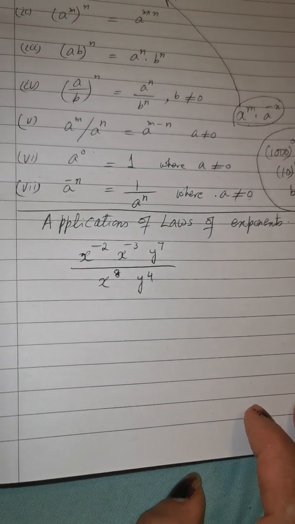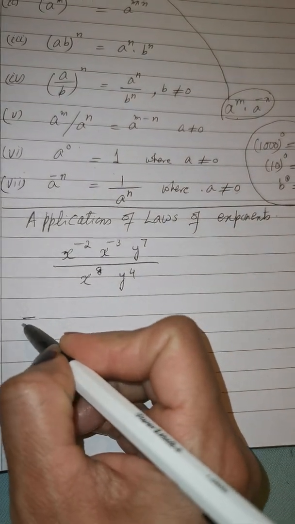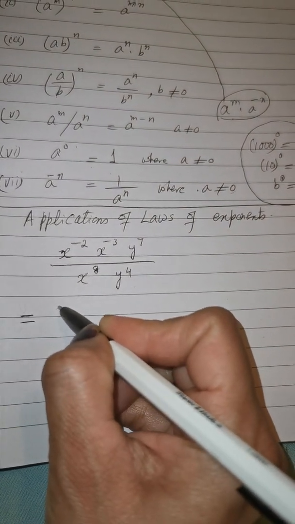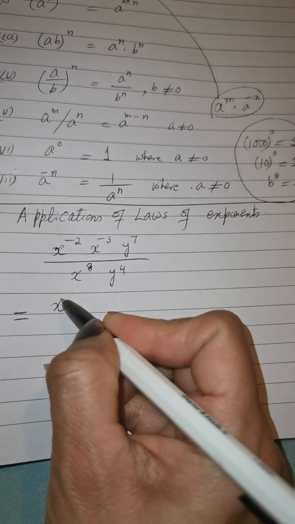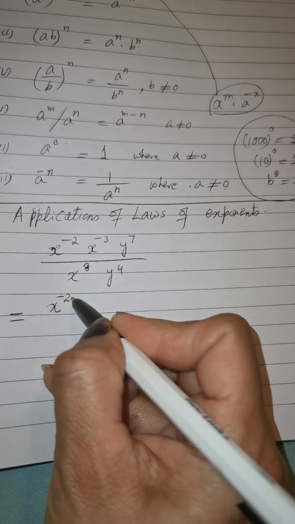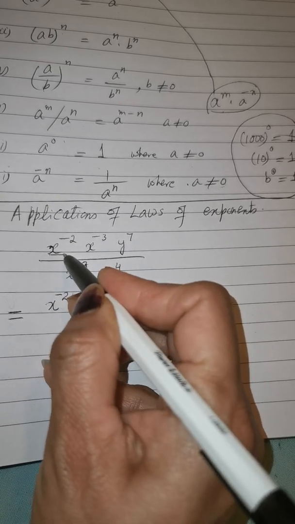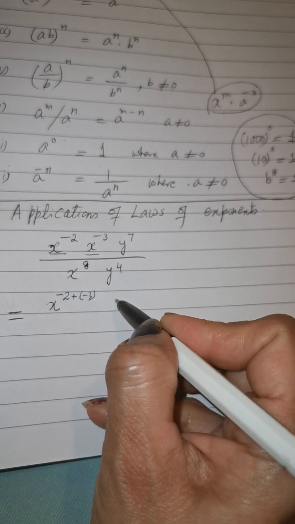Here, how can we apply these laws? One example is given here, and we will use the laws which we have discussed earlier. Now x power minus 2, the two bases are equal. I am going to add their powers.